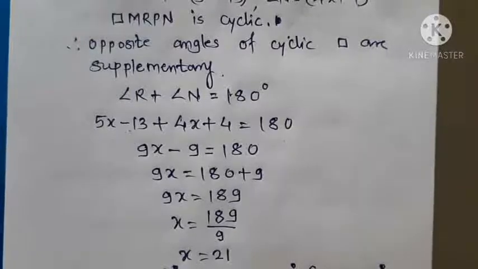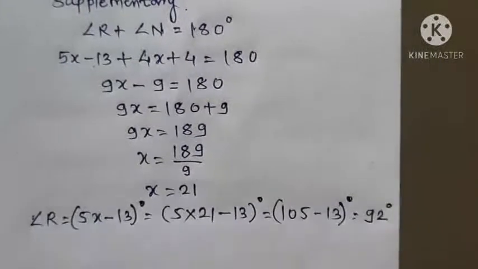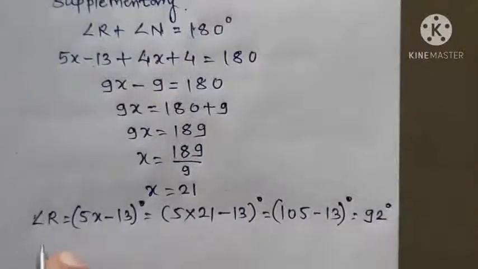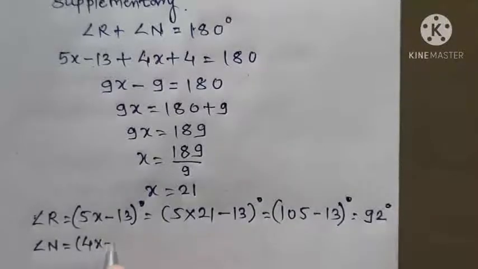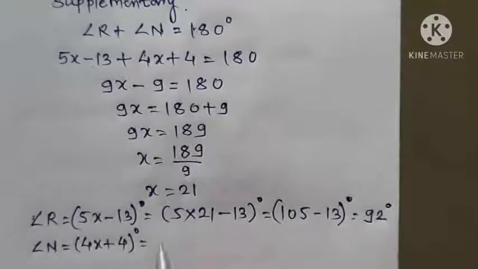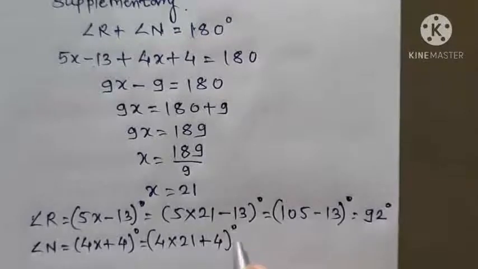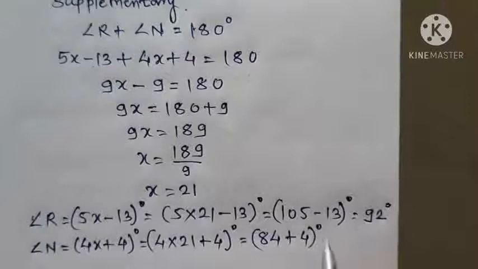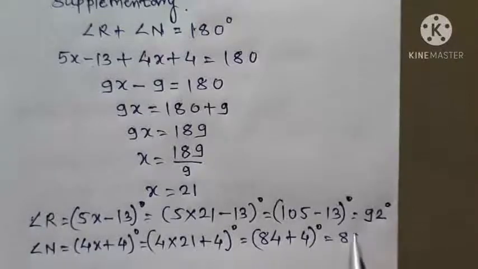Therefore, is equal to 92 degrees. This is the value of measure of angle R. Similarly, find the value of angle N. Angle N is equal to 4x plus 4 degrees. 4x plus 4 degrees is equal to 4 multiplied by 21 plus 4 degrees, is equal to 4 multiplied by 21, that is 84, plus 4 degrees is equal to 88 degrees.